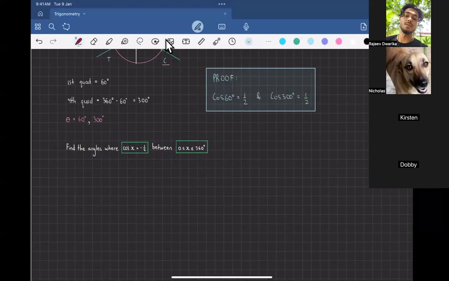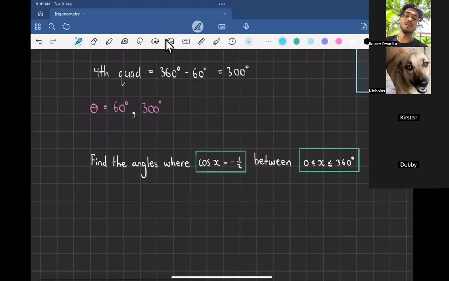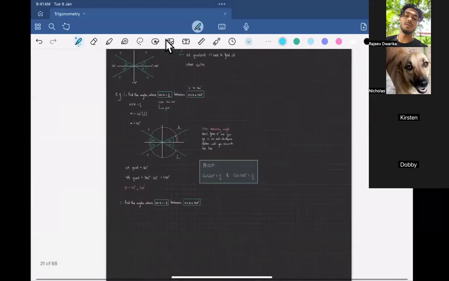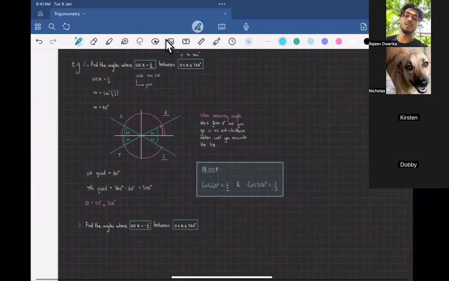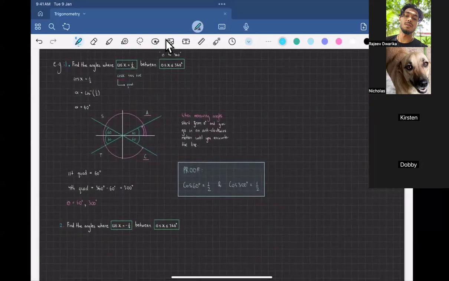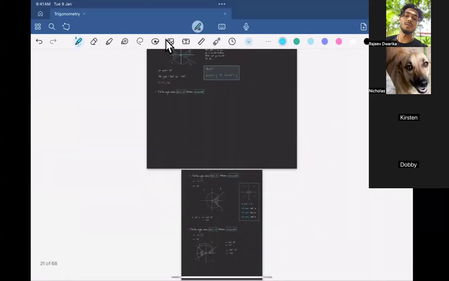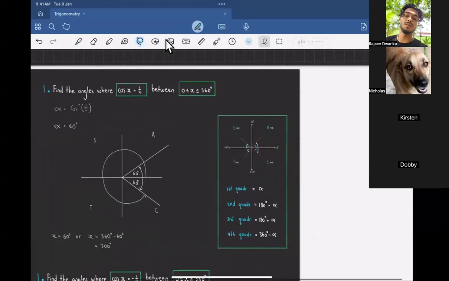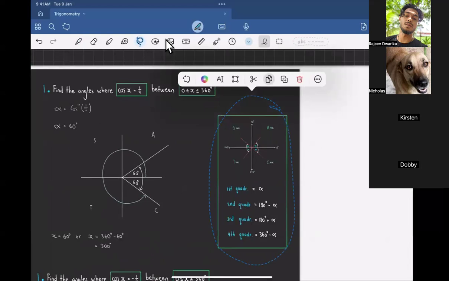Hmm. That changes up things a little bit. So I want you all now to use the previous one as an example to figure out part two. For those having trouble with the quadrants, I will provide this for you all. Check it out.